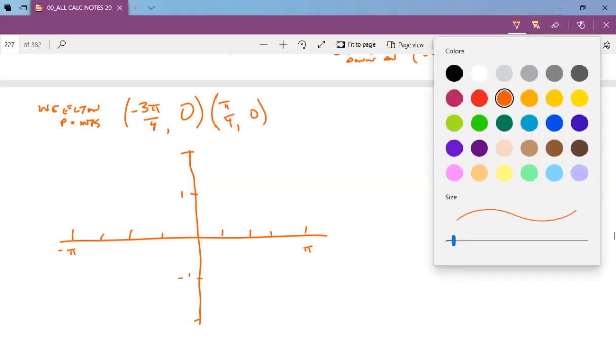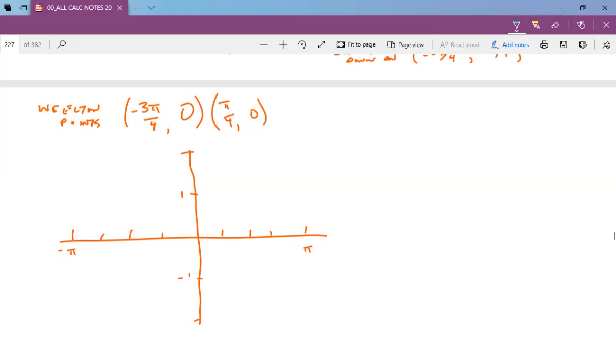All of our points, starting with our intercepts, we have 0, 1 as a y-intercept, we said. We have x-intercepts at pi quarters, 0, negative 3 pi quarters, 0. We had inflection points at pi quarters, 0, and negative 3 pi quarters, 0. So those are going to be our inflection points.